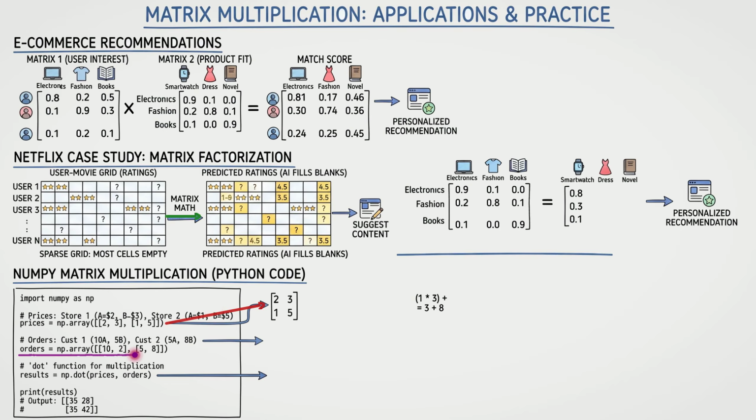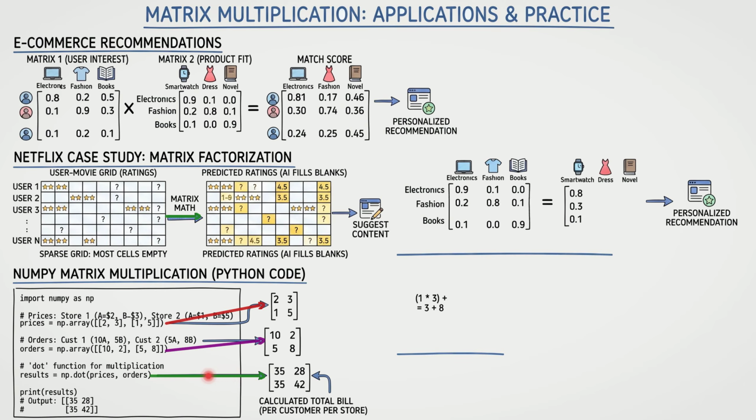Next, we define our orders for our customers, creating this second matrix right below it. The magic happens with the np.dot function. It performs the entire multiply then add logic across the rows of prices and the columns of orders, instantly outputting this final calculated matrix which shows the total bill for every customer at every store.